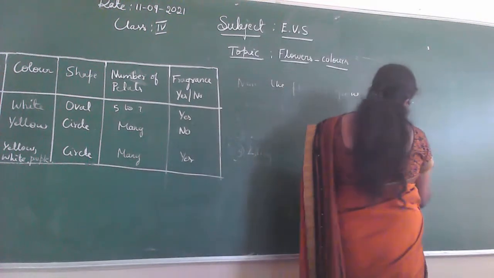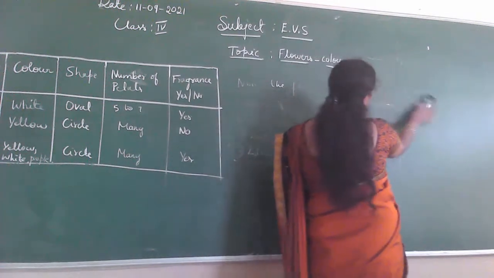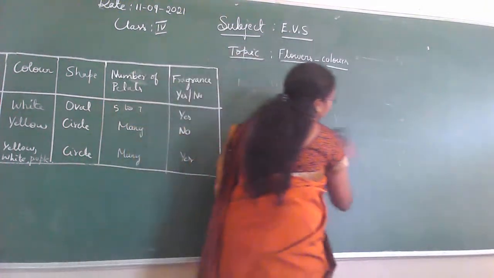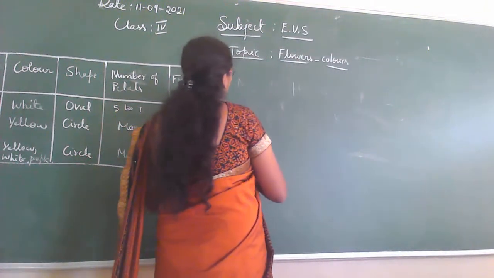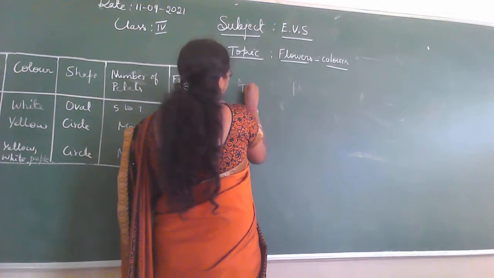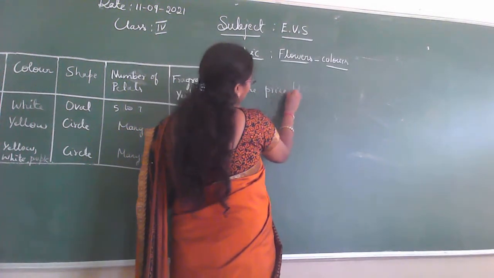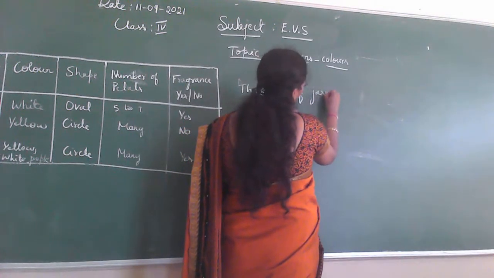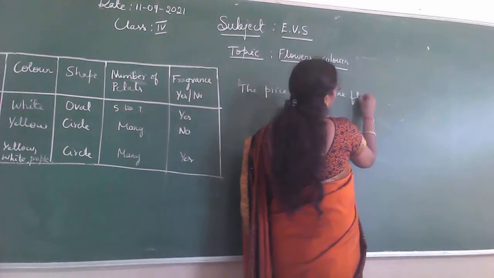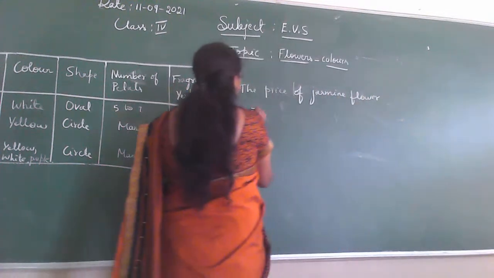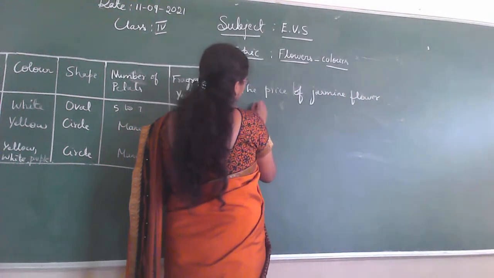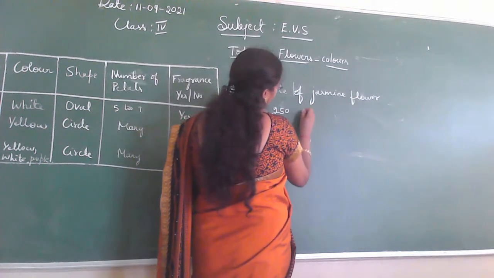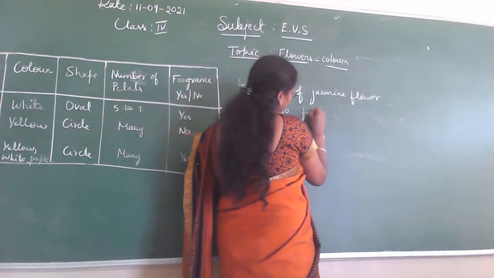What is the price of the jasmine flower? It is about 250 per kg, for 1 kg.